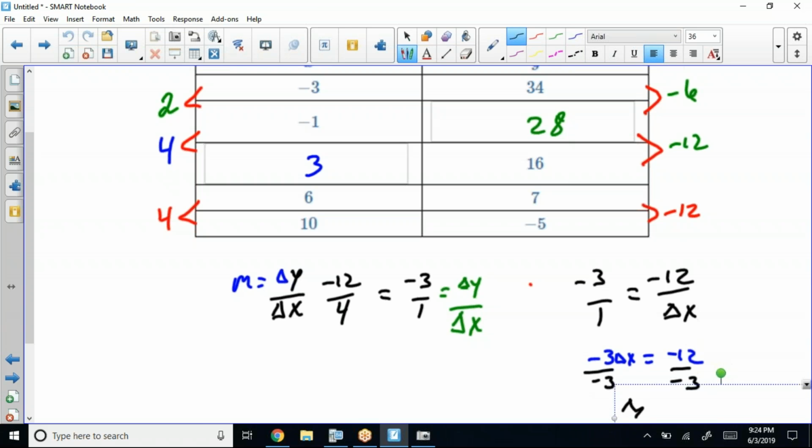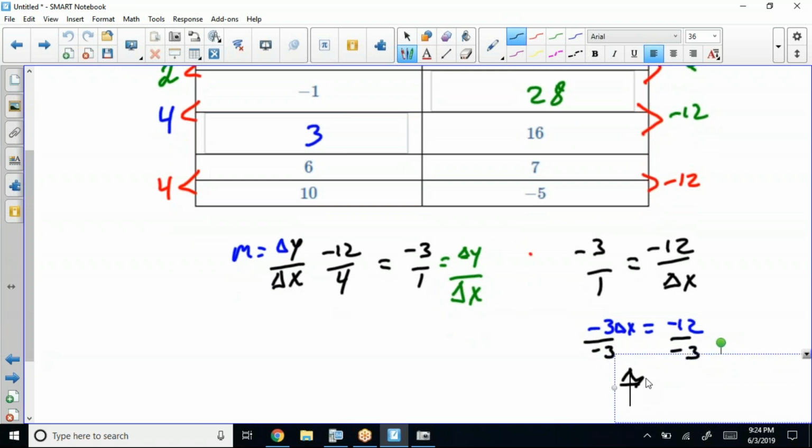My change in X better be -12 over -3, which is 4. And that's what I got right there. So you can use your slopes to find missing bits: a known slope, a change in y over change in x, to find one that's missing a component. That's how you can do that.